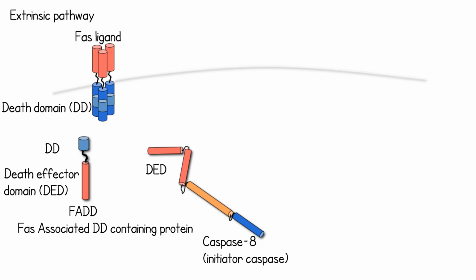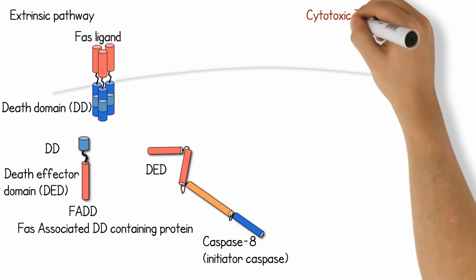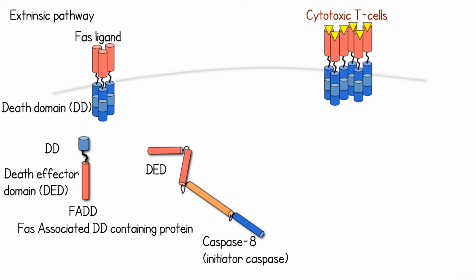The other pathway inducing cell apoptosis is the extrinsic pathway. In this pathway, cytotoxic T cells come along and use their Fas ligand to interact with target apoptotic cells. Fas ligand uses its death domain to bind the death domain of Fas.